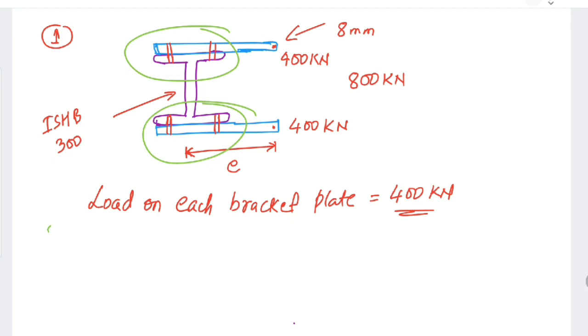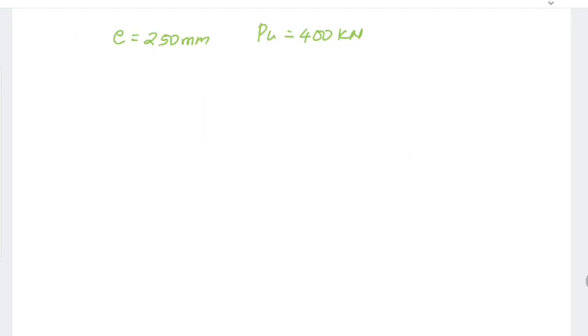In the initial step, I know the eccentricity value e is equal to 250 mm, and here I am taking Pu equal to 400 kilonewton, because here we have 400 kilonewton. So the moment, M is equal to Pu into e, you know very well.